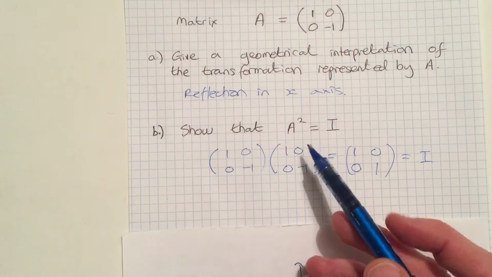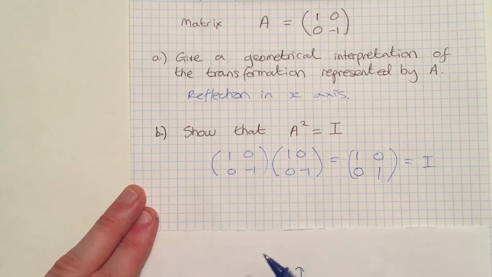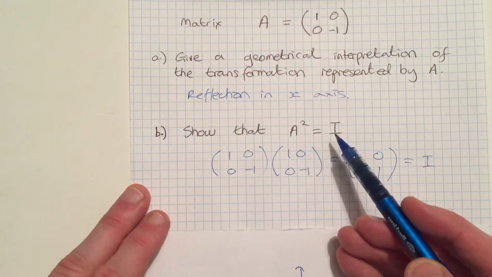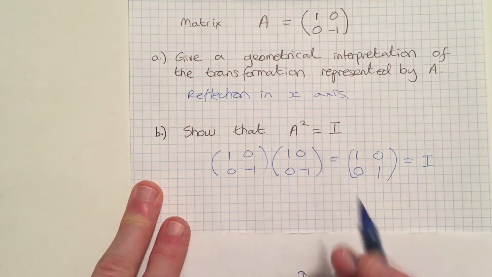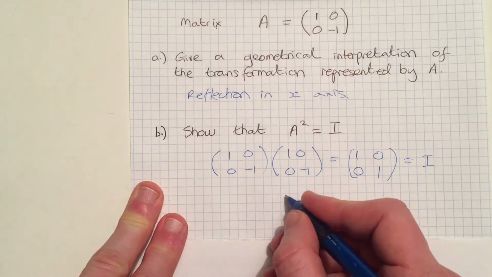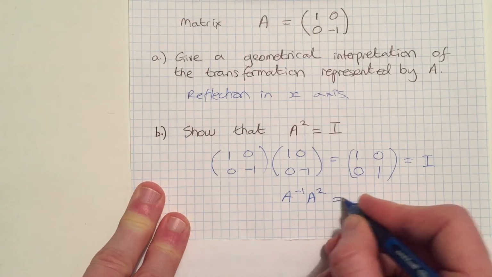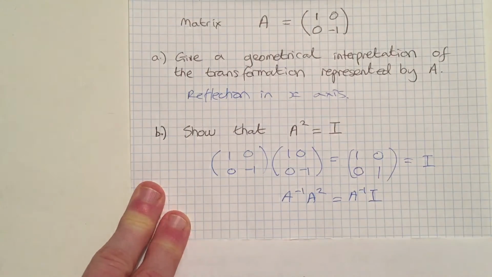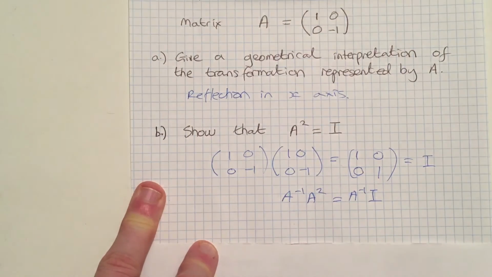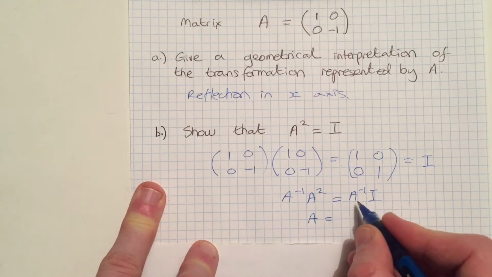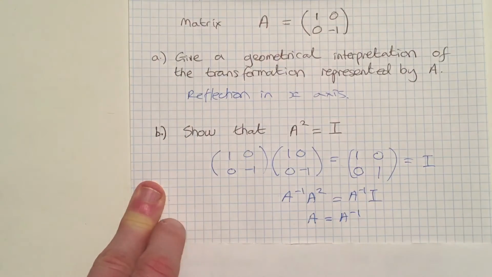And there's a reason why they've asked this question in this way in this topic. Because if A squared equals the identity matrix, then I could multiply both sides by the inverse. So if I did A inverse times A squared, and A inverse times the identity matrix, then the A inverse on the left-hand side will cancel one of these A's, and A inverse times the identity matrix will be A inverse.